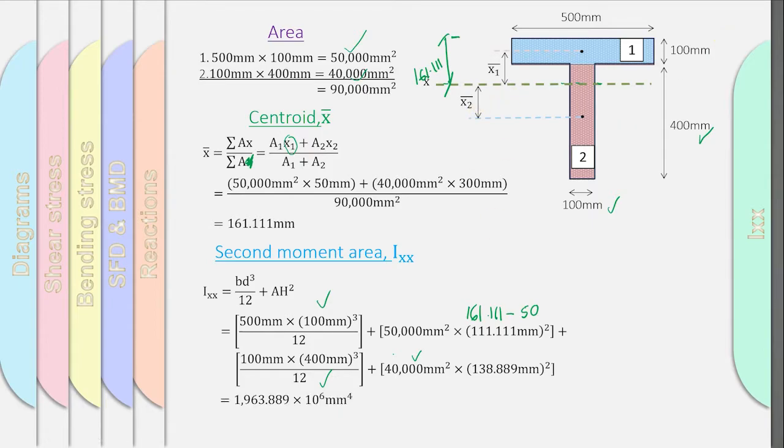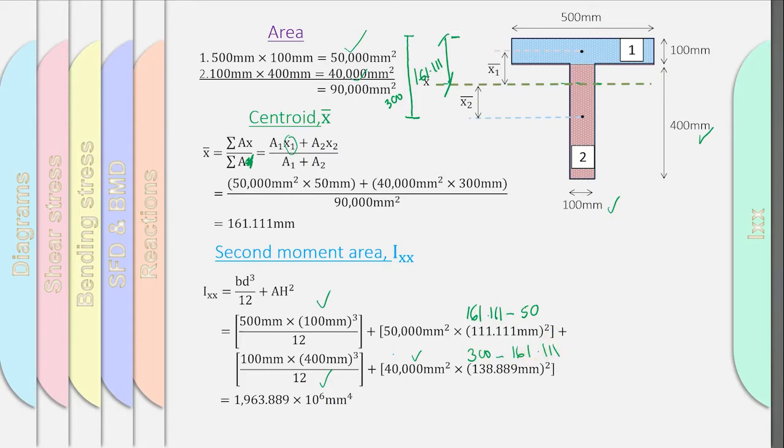Macam mana you nak dapat jarak ni? So you tahu daripada atas ni pergi ke x2 bar adalah 300, betul sebab daripada atas ni 100, so 400 bagi 2 ini adalah 300. Jadi 300 you minuskan je dengan 161.111.